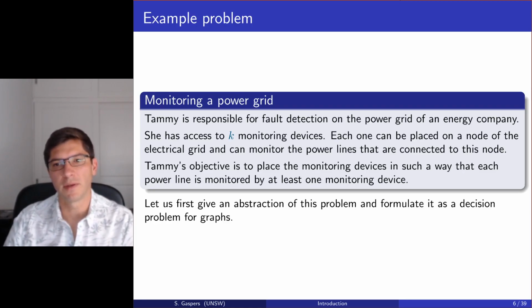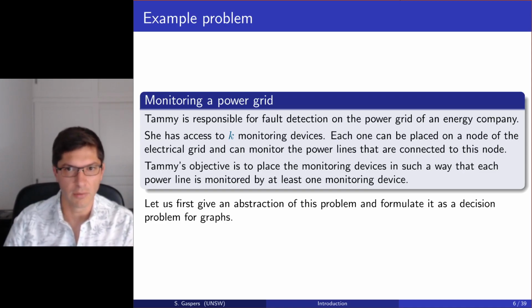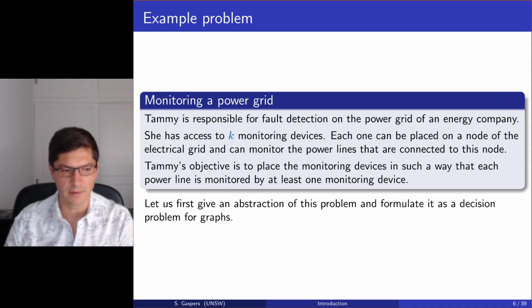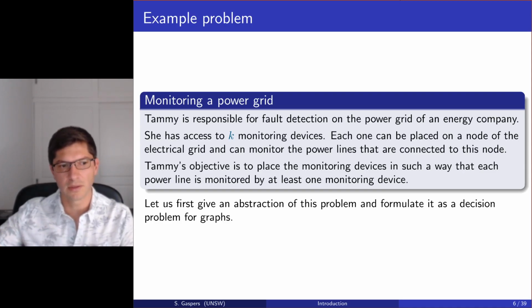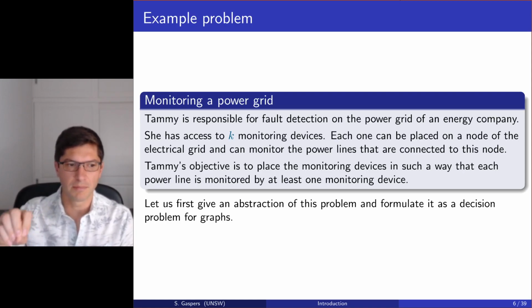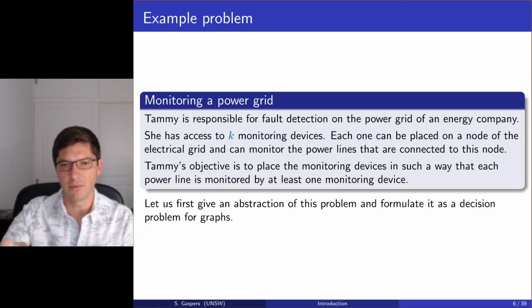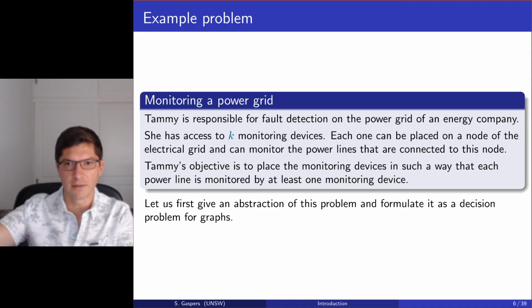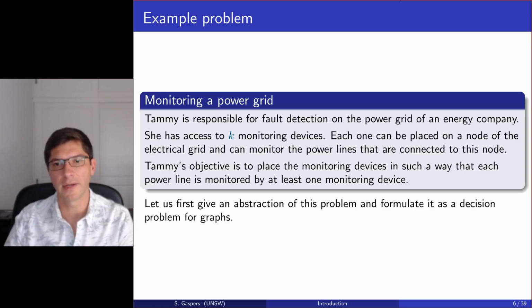Let us first give an abstraction of this problem. We have a problem on the power grid with specific monitoring devices, but what really matters is the network, and the fact that selecting a node where we put a monitoring device covers all the edges connected to this node.